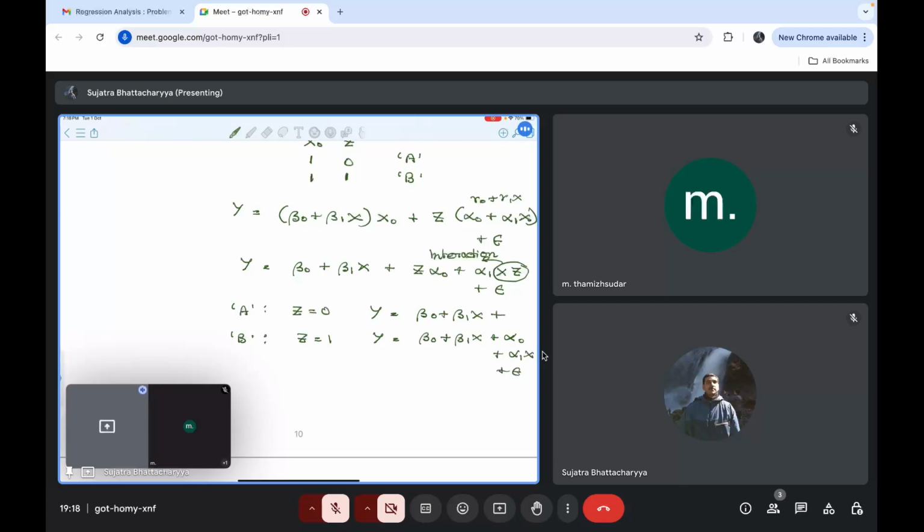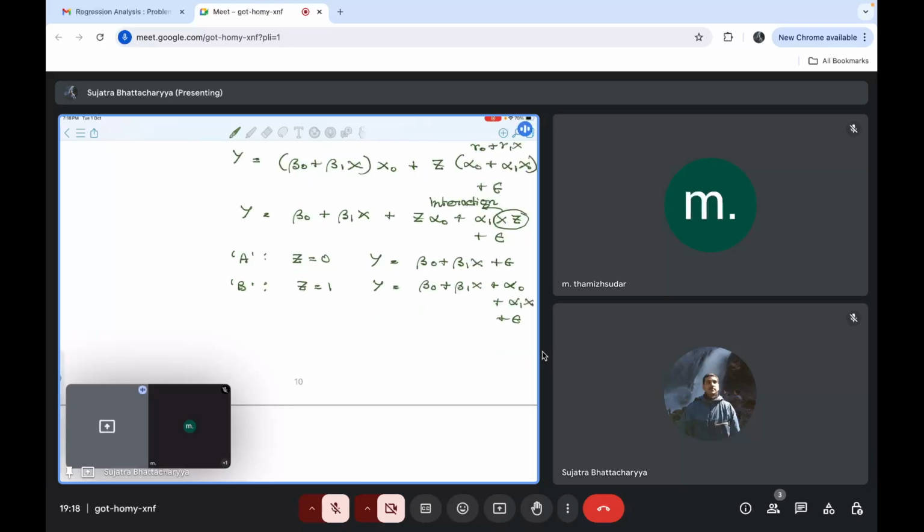Correct? So this is what your models for A and B. Okay, in the earlier case, it was only alpha naught, but here, since the interaction term is present, we are also including this alpha 1x because it is possible that the slopes might also be different, which we have not considered earlier. All right, so these are the things.